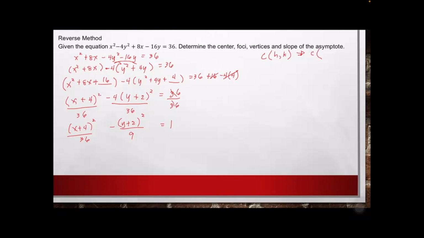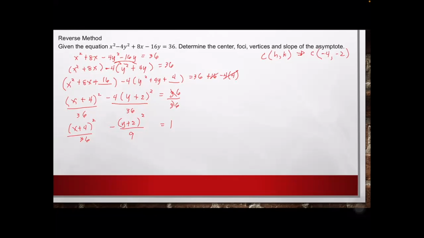Anong kasama ng x? 8 po. Hey, tingnan nyo sa screen. Anong kasama ng x? 4 po. 4. Reverse sign, this will be negative 4. What is your h? Kasama ng y. 2 po. So, reverse sign, that will be negative 2. So, that's your center. Okay? We will have negative 4 and negative 2.